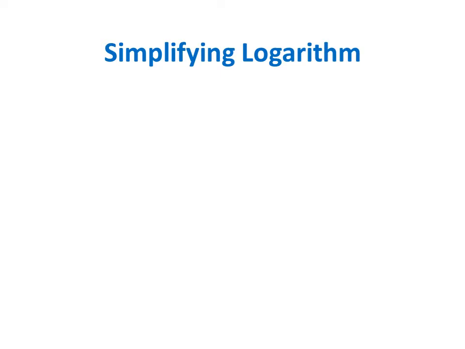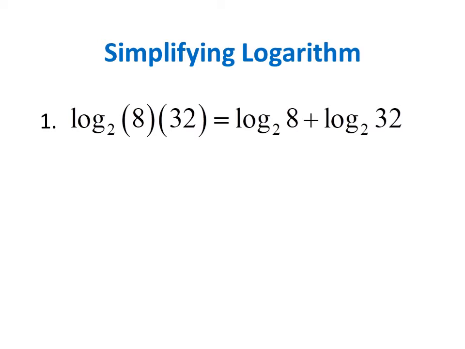Now let's consider some examples of simplifying logarithmic expressions using the properties of logarithm. First, what is the value of log to the base 2 of 8 times 32? So we have here 8 and 32 multiplied in the argument. Therefore, we can expand the single term into two terms in which we can separate 8 and 32.